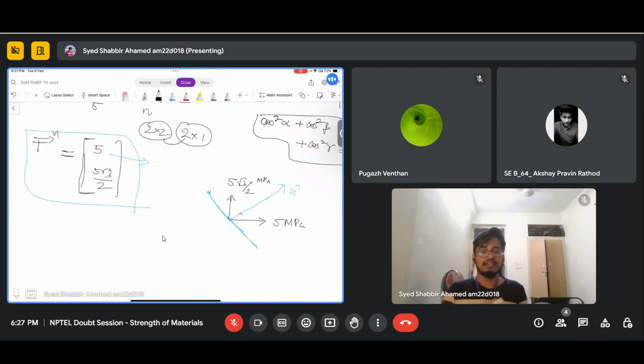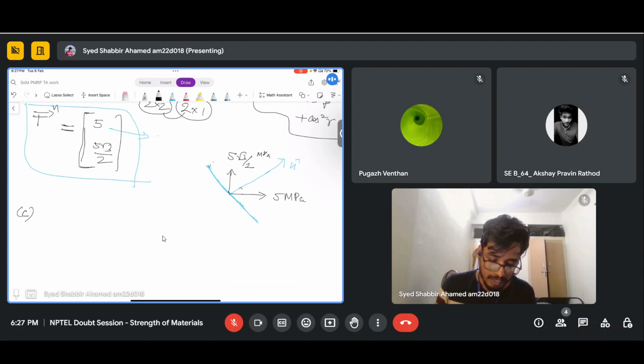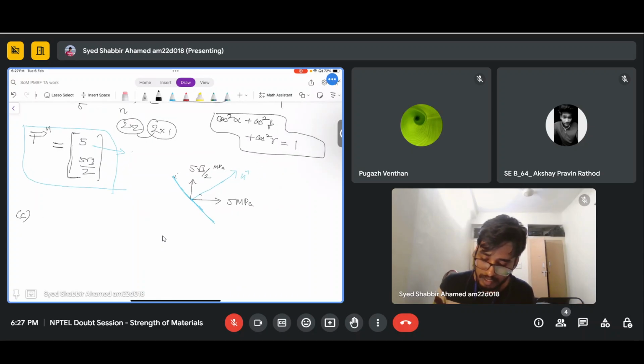The magnitude of the normal stress can be taken by using the dot product. We have the stress vector and we have the normal vector. If I take the dot product of these two, I can get the normal stress.